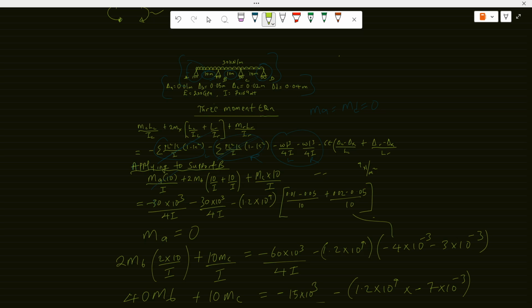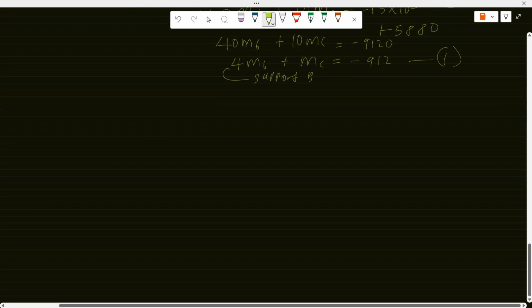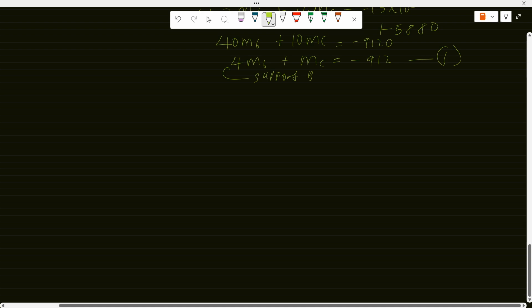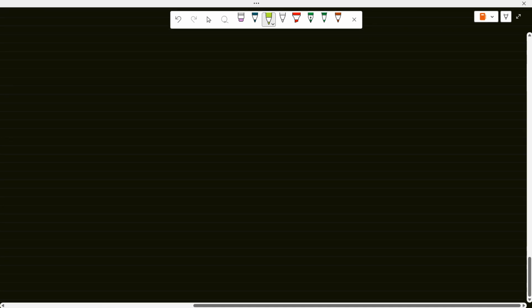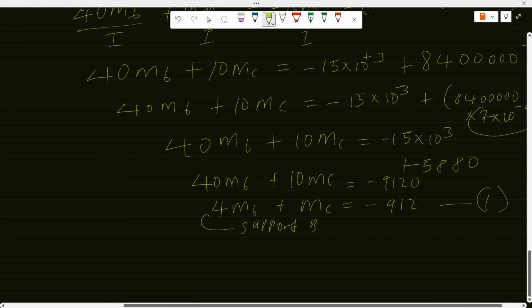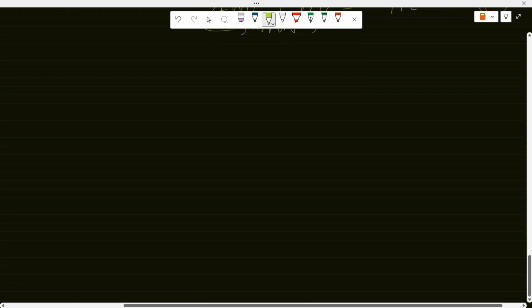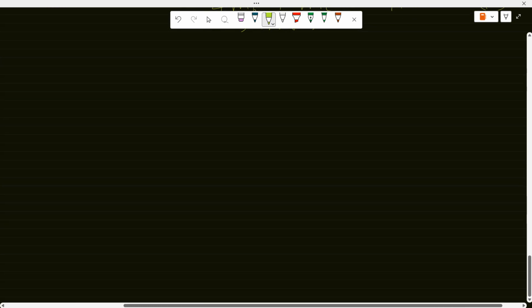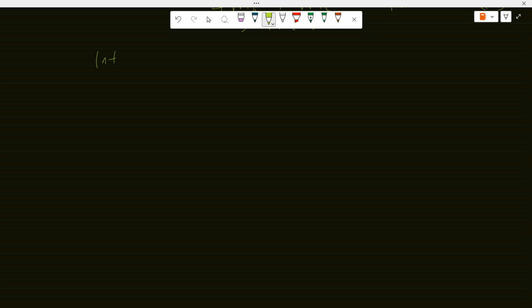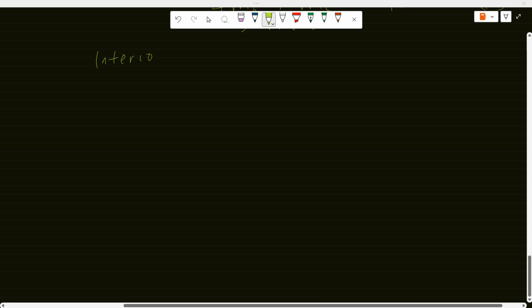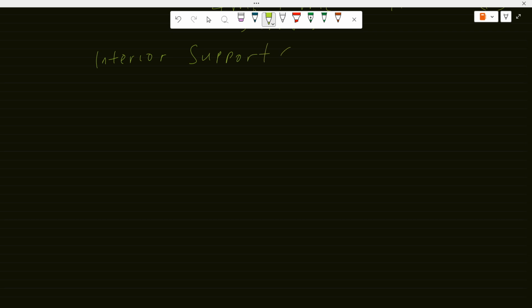So, let's now write the 3 moments equation for interior support C.